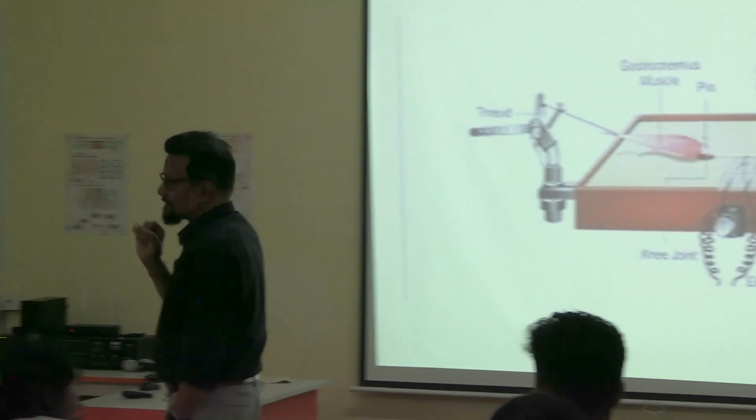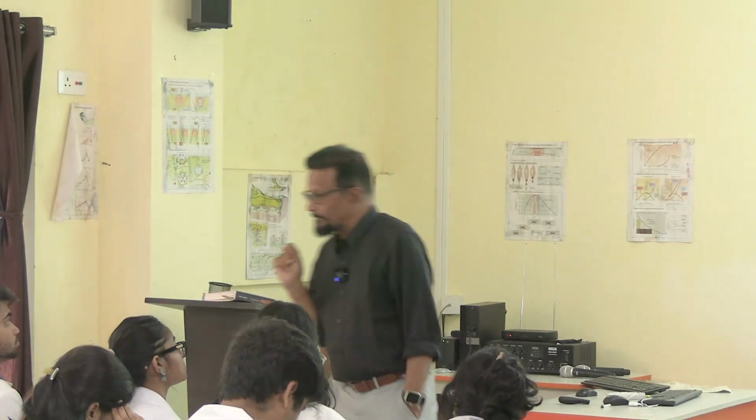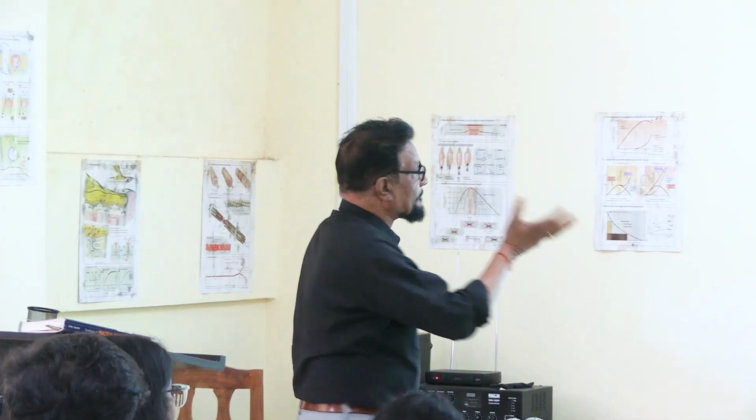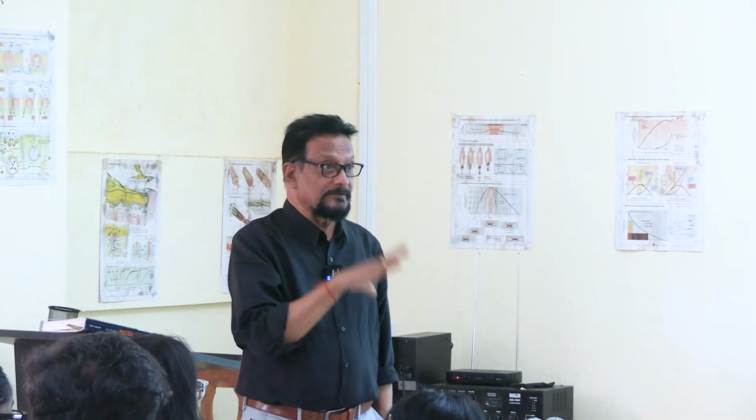Only the starting of contraction will be different for the three cases. The point of maximum height of contraction will also differ, and the point of relaxation will also differ. This way the curves are made and the effects are recorded on the kymograph.